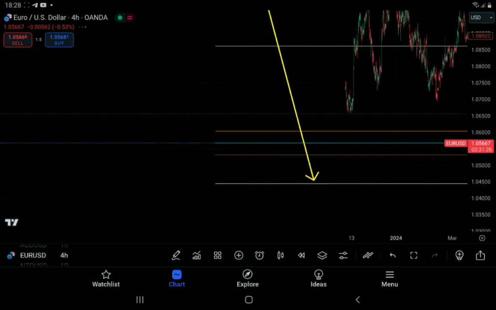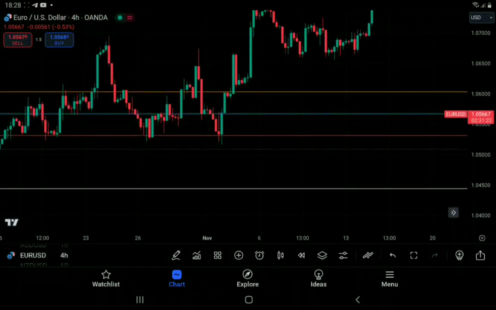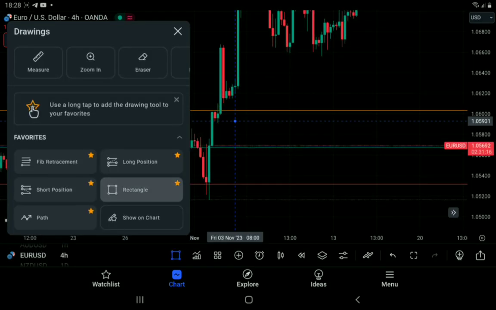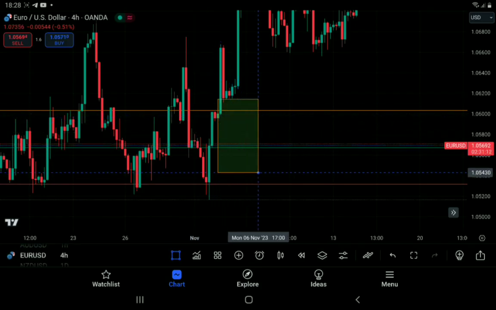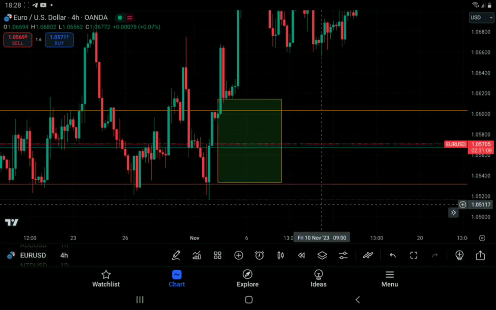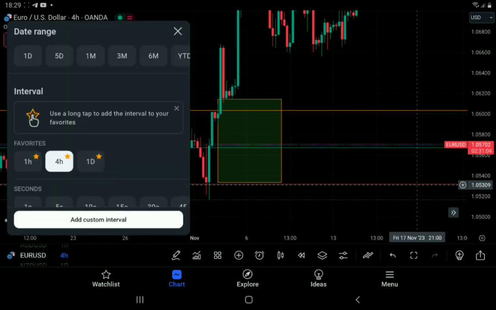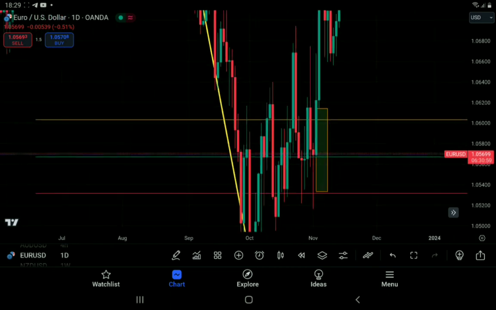Okay, now on the 4-hour time frame, there are two things. It may not be fulfilled because you can look at it on two different time frames. So you do have from here down here as our fair value gap. I can see our 79% actually coincides with it. But if we go on the 1-day time frame, we are going to see that our fair value gap is incoming.